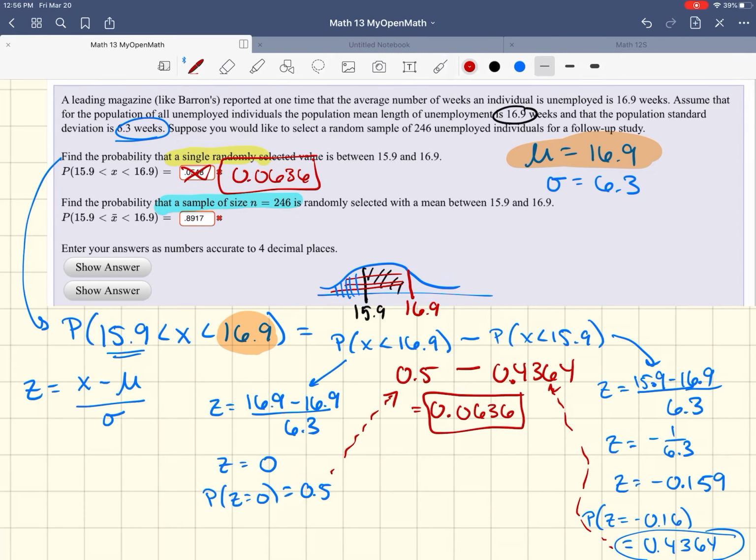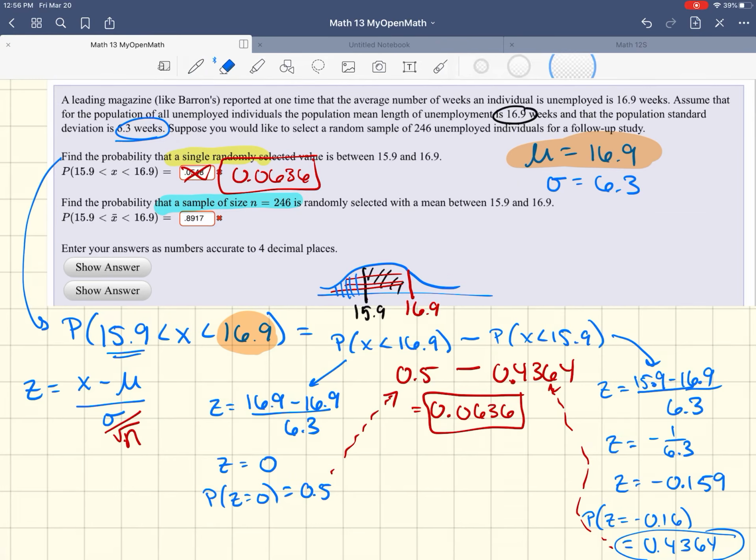The only difference between the first question and the second question is that now we're not selecting a single random variable. Now we're selecting a sample of size n equals 246. So everything will stay the same, except when we're calculating our z-values, we're going to divide by the square root of that sample size.